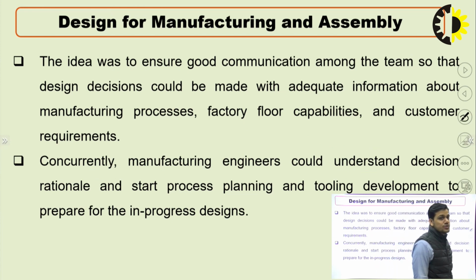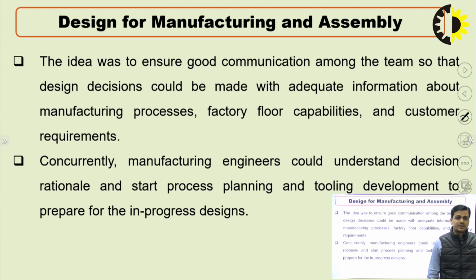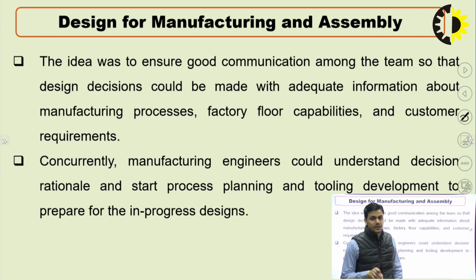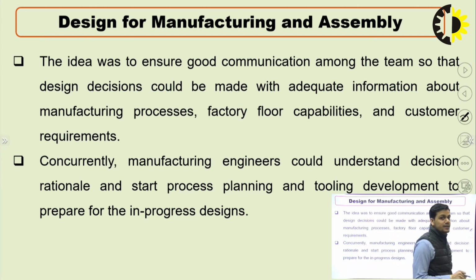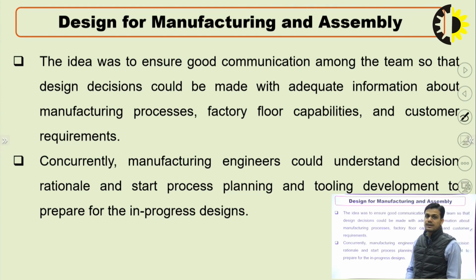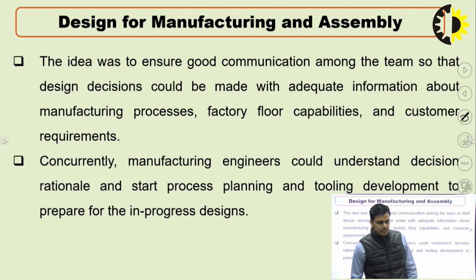Now the idea was to ensure good communication among the teams, so that design decisions could be made with adequate information about the manufacturing process, factory floor capabilities, and customer requirements. So we have to see what manufacturing process you are using, what factory floor capabilities you have, meaning how many personnel are working there, and what the customer requires.